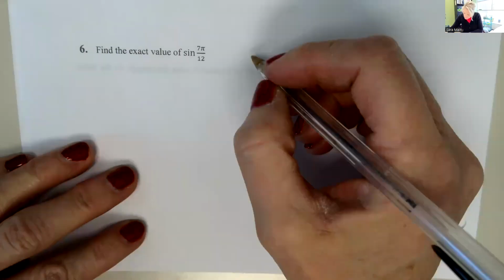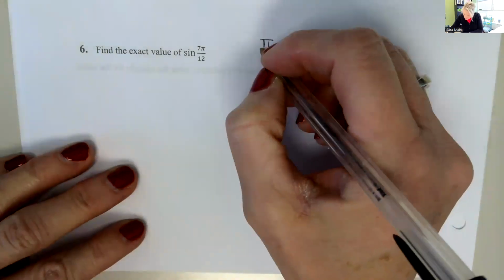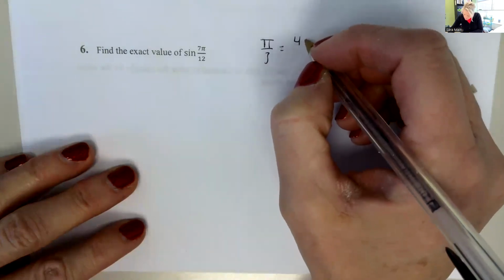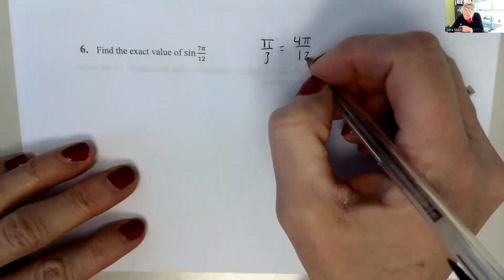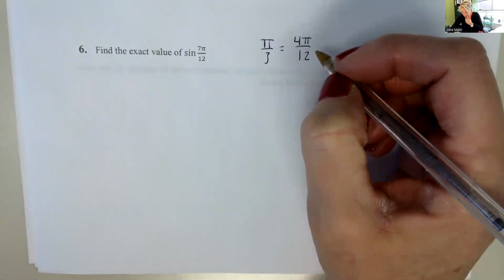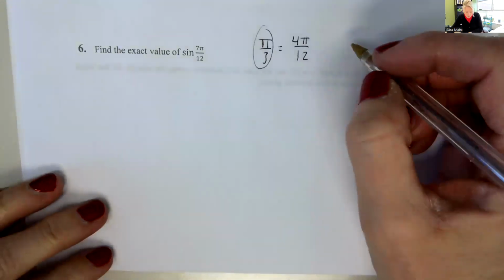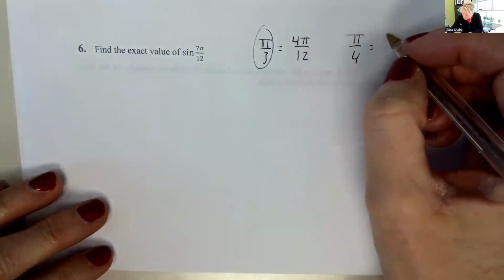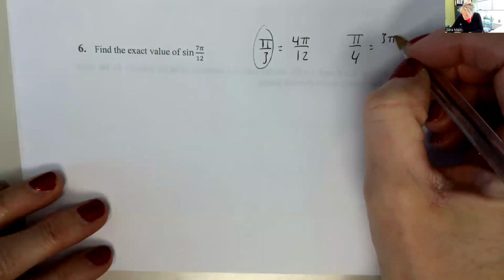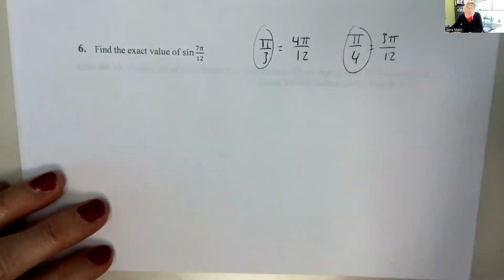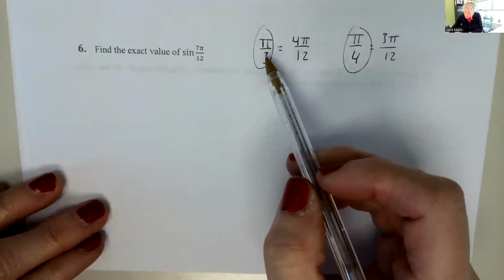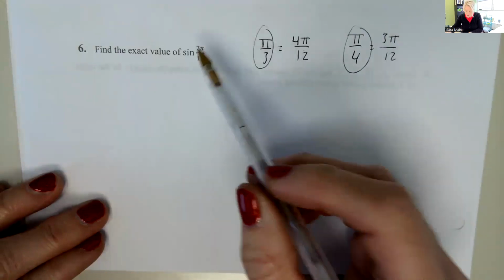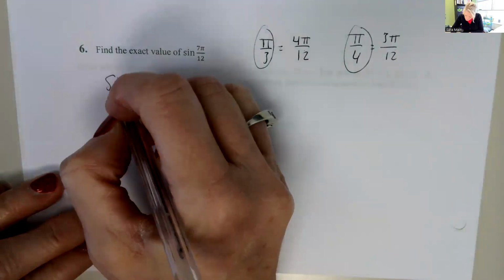Pi over 3 is the same as 4 pi over 12, and pi over 4 is the same as 3 pi over 12. So if I add 4 pi over 12 and 3 pi over 12, I get 7 pi over 12.